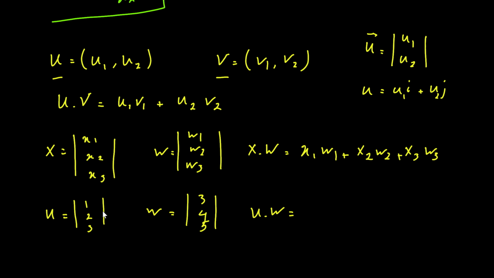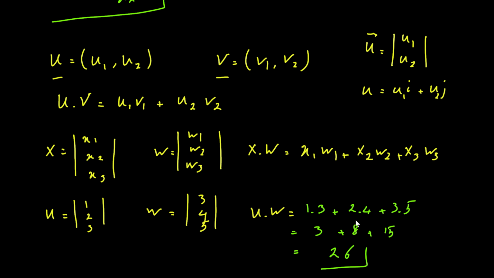The way that is done, 1 multiplied by 3 plus 2 by 4 plus 3 by 5. We get 3 plus 8 plus 15, and that is going to give us 26. And that is the result of u dot w.